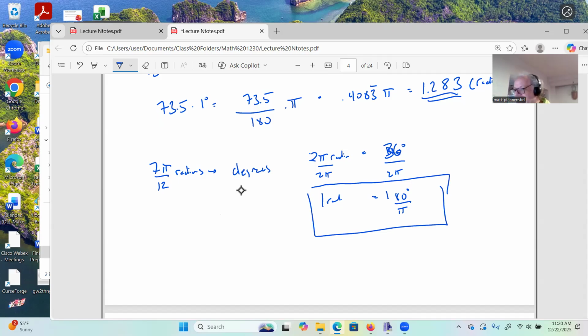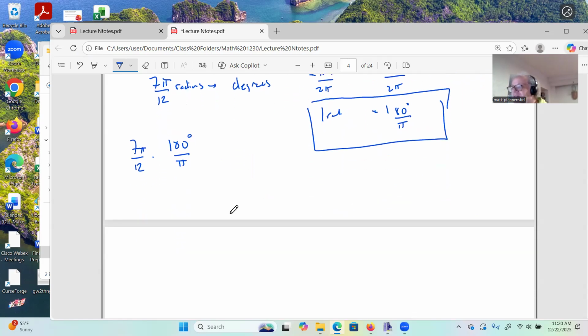So we have 7 pi over 12 times 180 degrees over pi. Conveniently, the pi's cancel. It's kind of why there's usually a pi in your radians. Not always, but usually. So I've got 7/12 times 180.